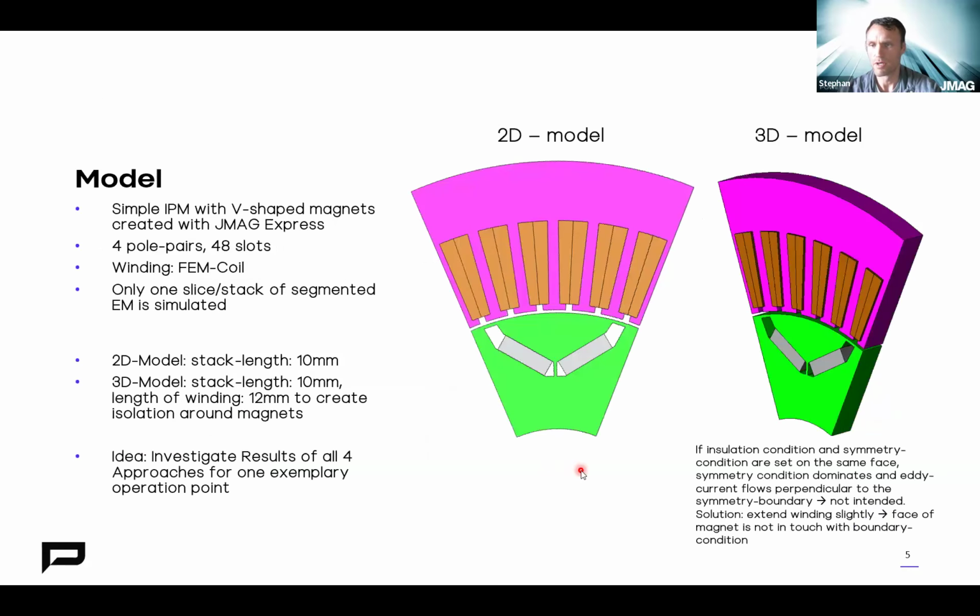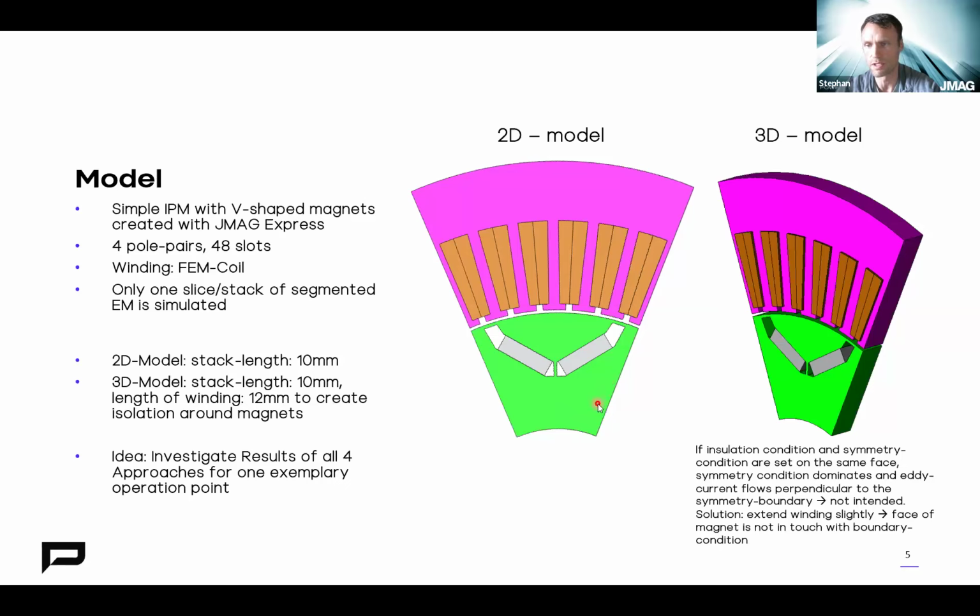Now let's come to the model I want to use for this exemplary simulation. It's basically an internal permanent magnet machine with a V-shaped magnet, a quite simple rotor design without any notches on the rotor surface or any holes in the rotor to reduce inertia, for example.